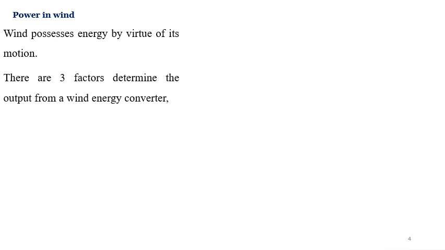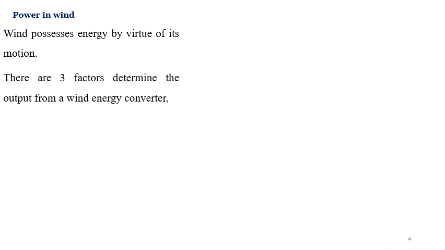Any device capable of slowing down the mass flow rate of moving air, like a sail or propeller or blade, can extract part of the energy and convert it into useful mechanical energy or useful work.